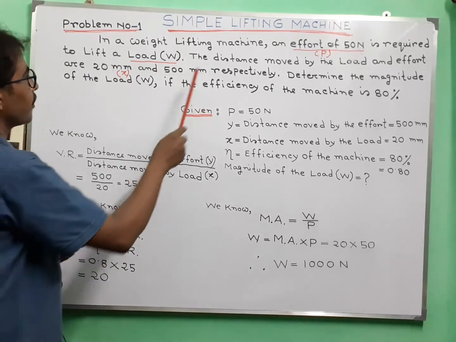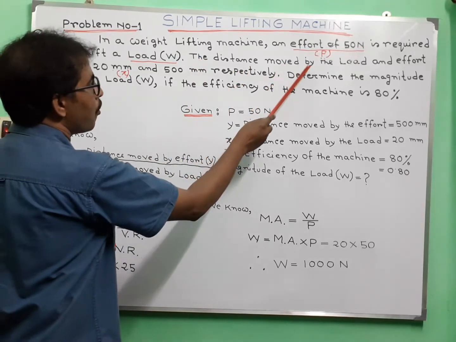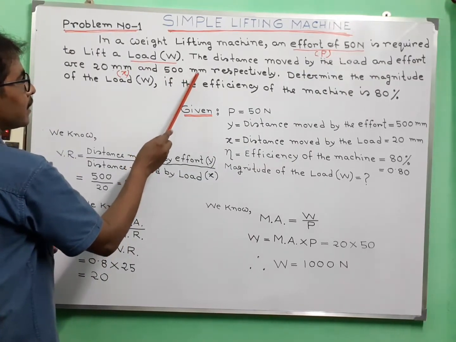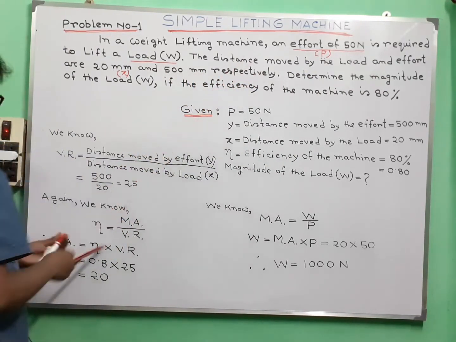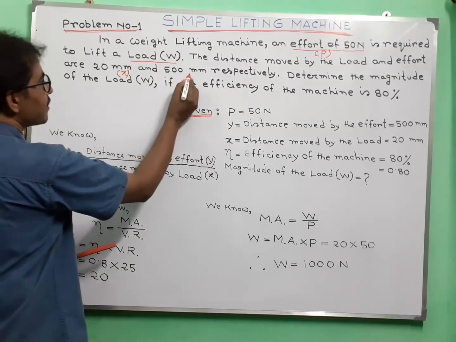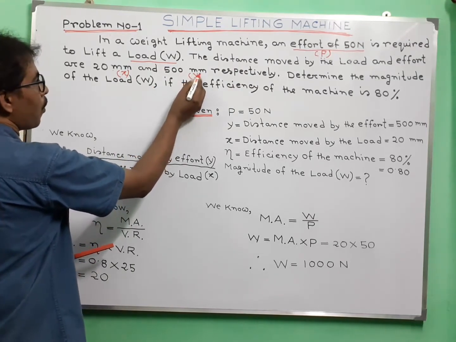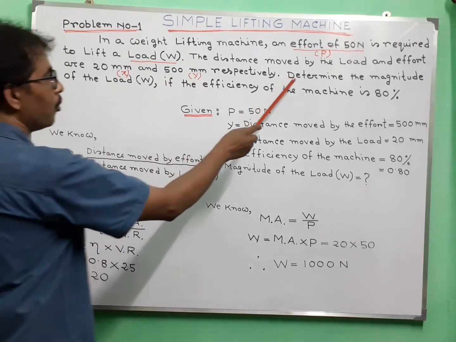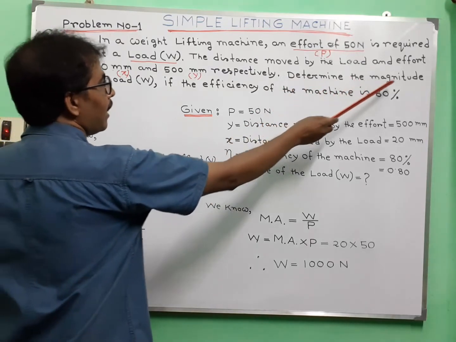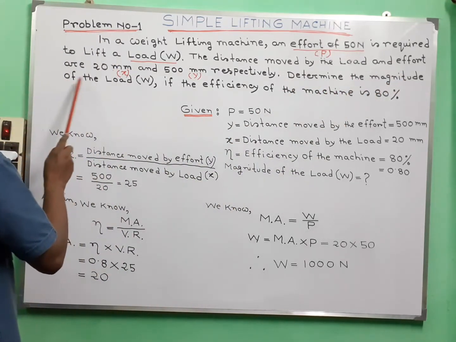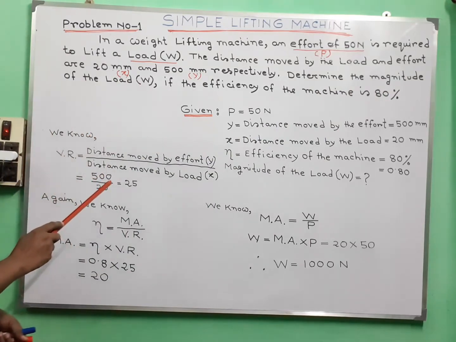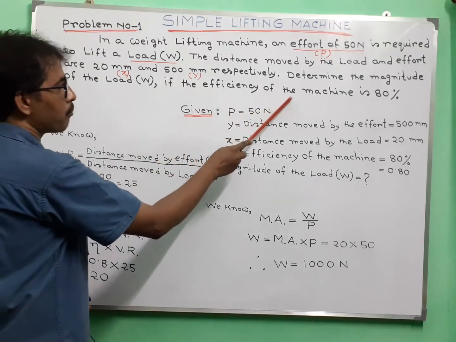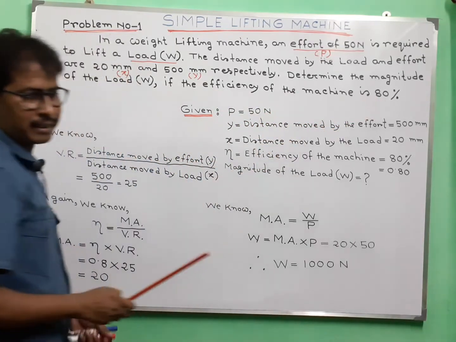Next, the distance moved by the effort, 500 millimeter, is denoted by y. Now determine the magnitude of the load W if the efficiency of the machine is 80%.